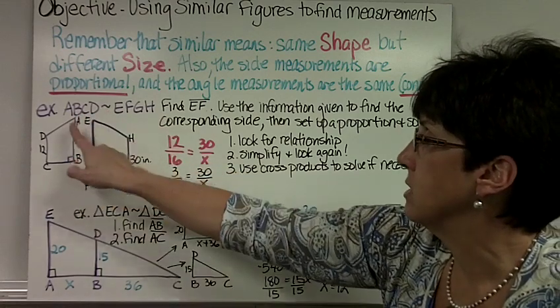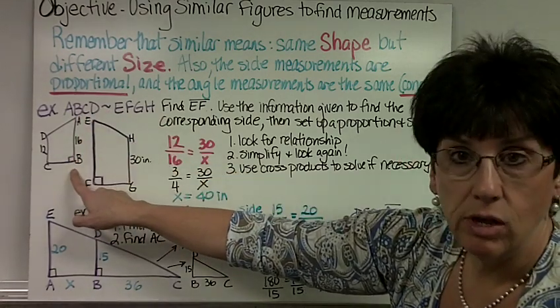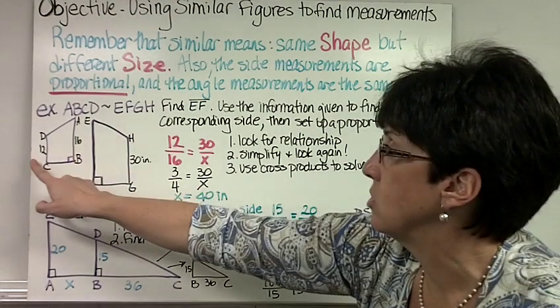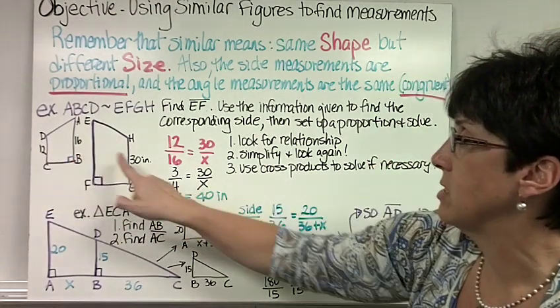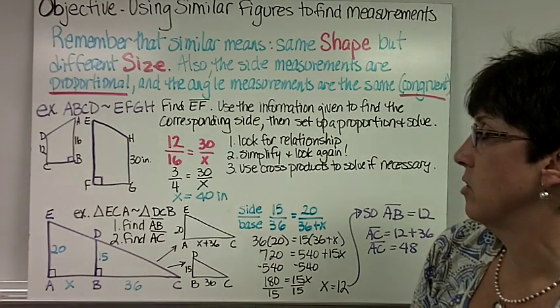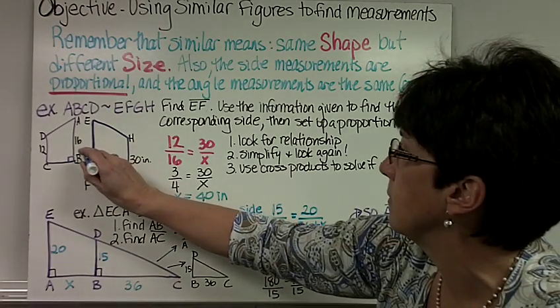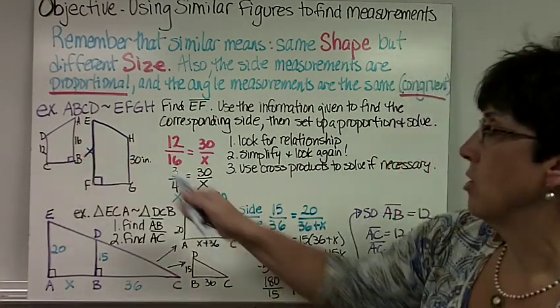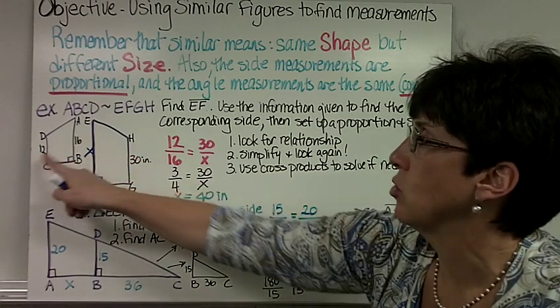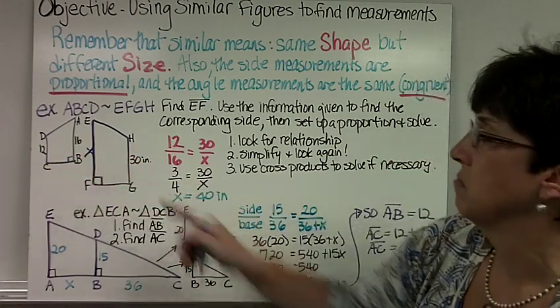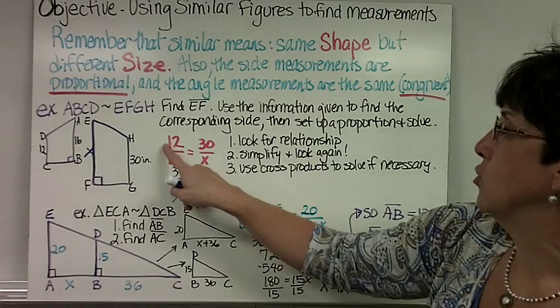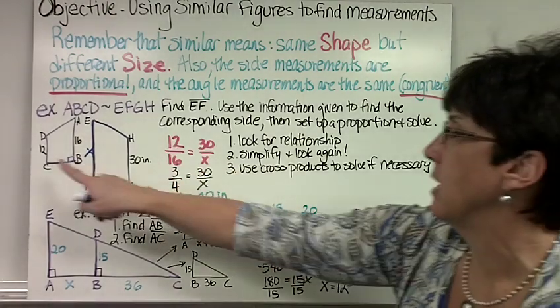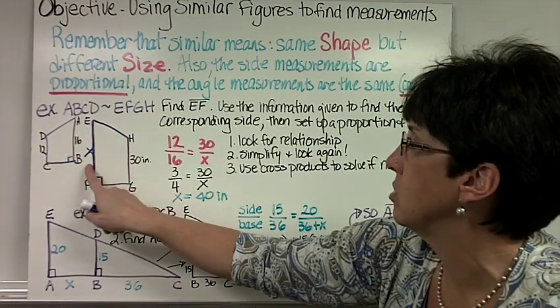Now I can do long side to short side here and the same as long side to short side there. This is my missing one, so I'll put in an X. Actually, I'm going to do short to long, because that's what I wrote up already. So 12 is to 16 as 30 is to X. Short to long, short to long.